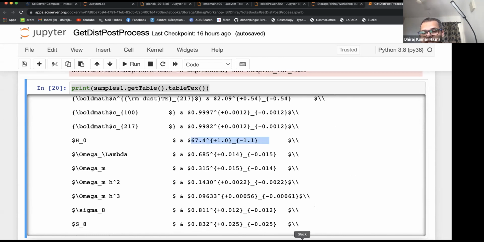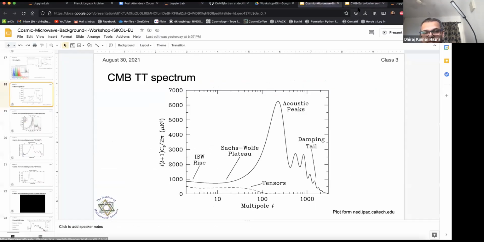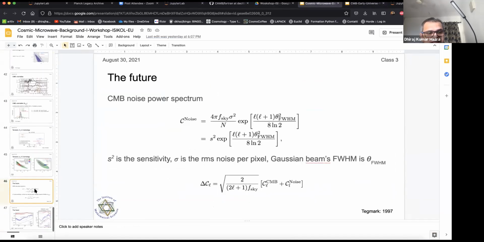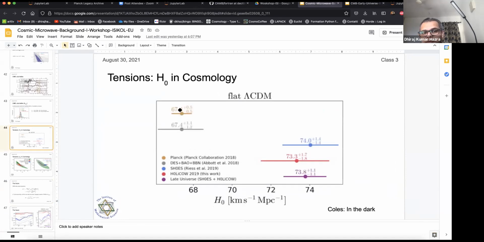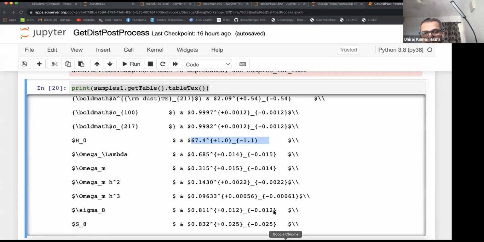Have a look at my lecture yesterday on the tension between Planck and other datasets. Yes, 67.4 plus minus 0.5 if it is 68%. This is 2 sigma, so 1 sigma is 0.5.